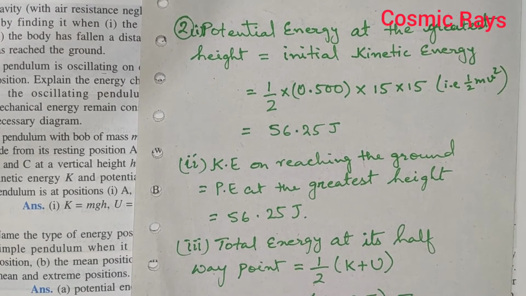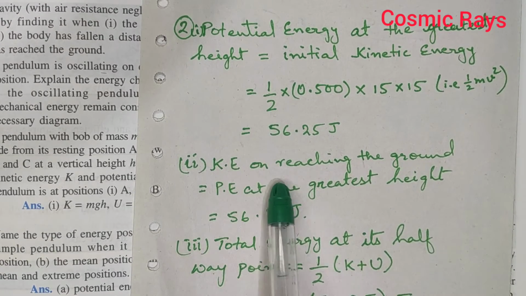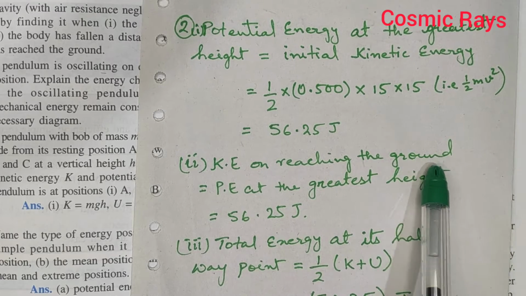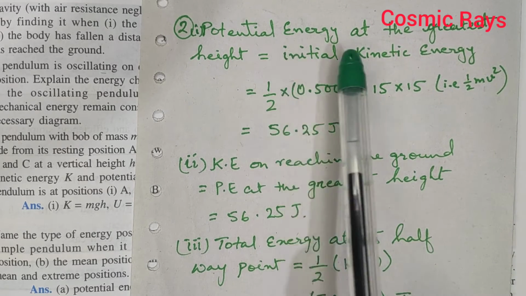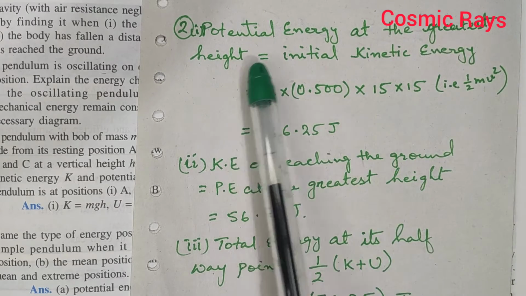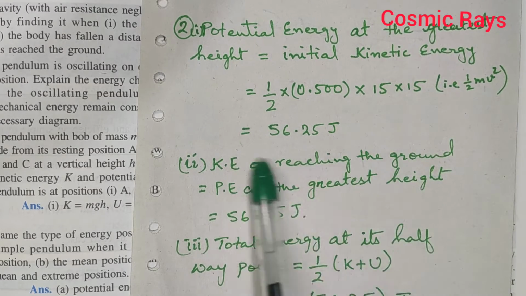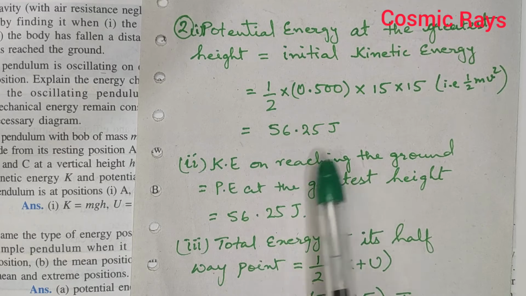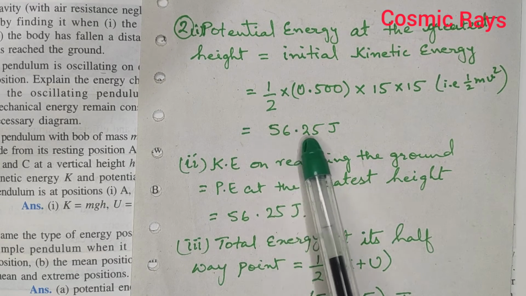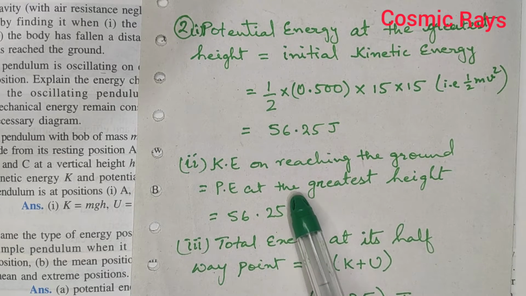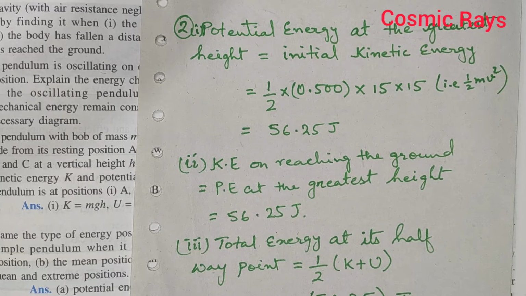Now the second part of the question, to calculate the kinetic energy on reaching the ground, again that will be equal to the potential energy at the greatest height, because here we have said that the potential energy at the greatest height is equal to initial kinetic energy. So this we have already calculated, potential energy at the greatest height, that is 56.25 joules. So this will be the answer here again.